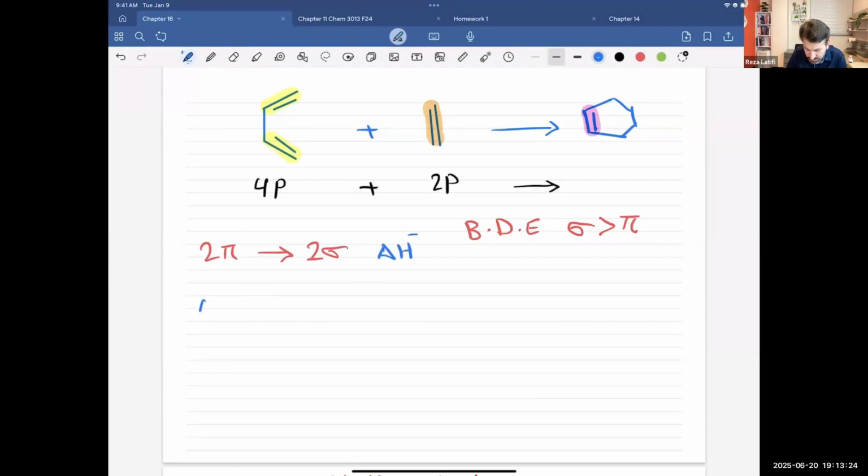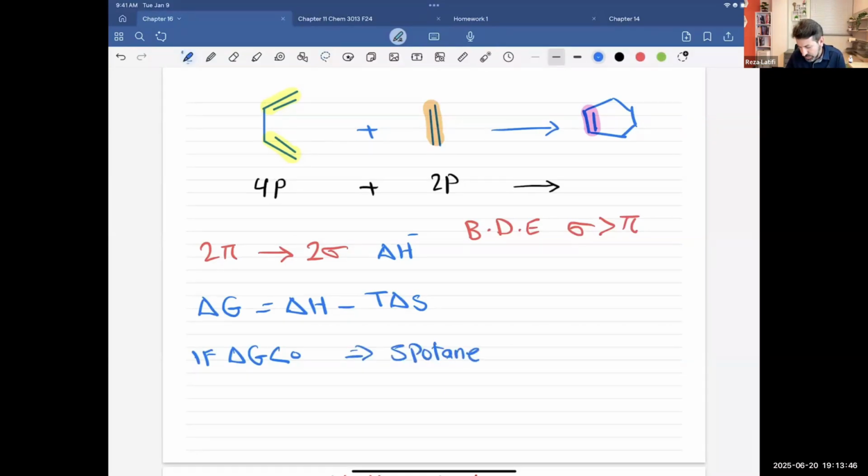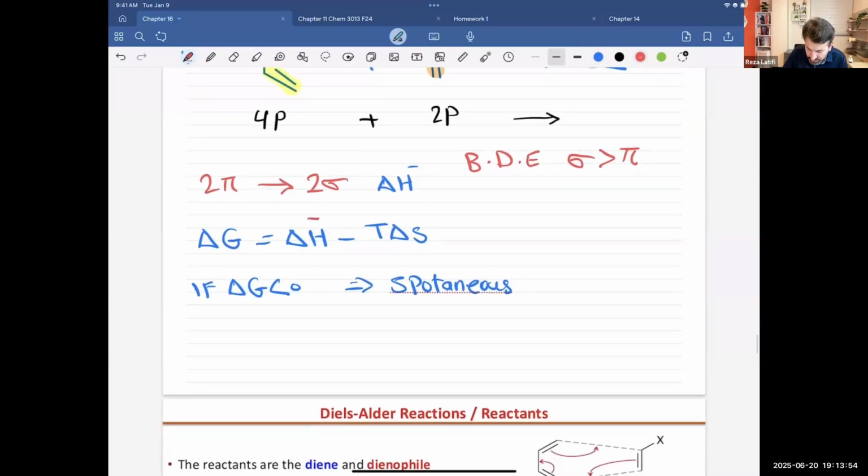Next, delta G is equal to delta H minus T delta S. If delta G is negative, we say the reaction will be spontaneous. What does it mean? It can happen by itself. It will be favored. Now, I know delta H is negative.